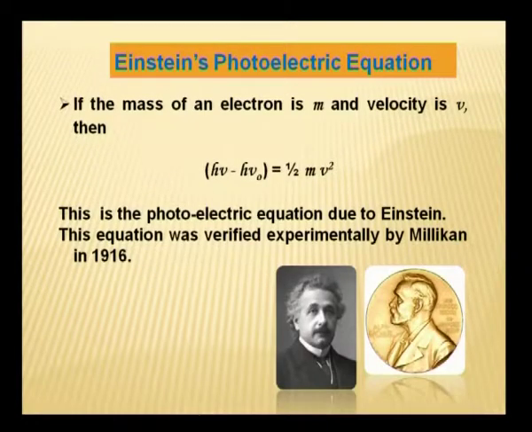This is Einstein's very simple equation for which he won the Nobel Prize, which shows that if a photon with frequency nu is incident on a metal plate, the electron in the metal plate requires an energy h nu naught. h nu is the energy of the incident photon, out of which h nu naught is the so-called work function, or the energy required by the electron to escape from the metal.